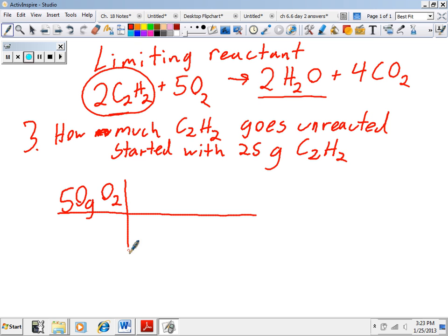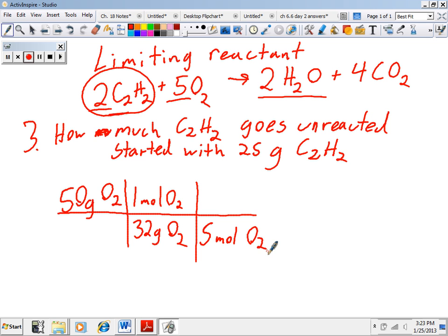First, we convert it into moles. So 32 grams of O2 is 1 mole of O2. Now we compare that to the C2H2. So we need that molar ratio, and it's 5 to 2. Okay, so 5 moles of O2 is equivalent to 2 moles of C2H2.